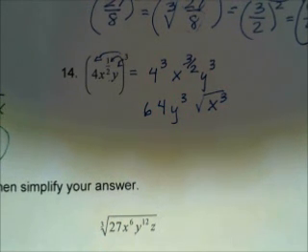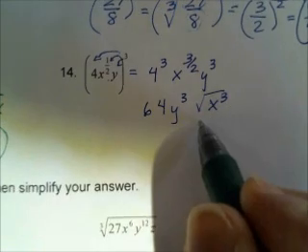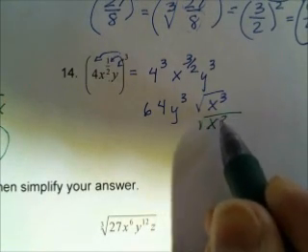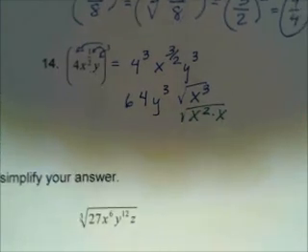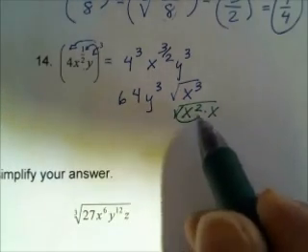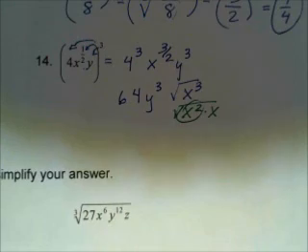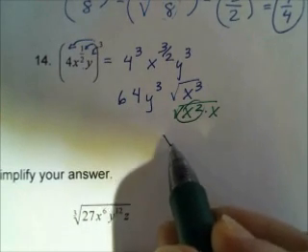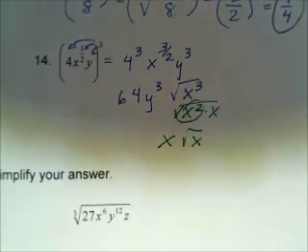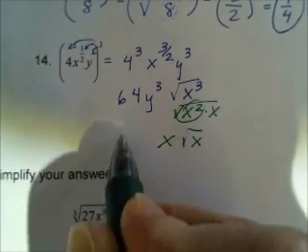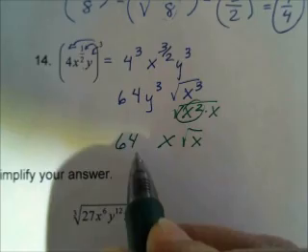And what part of x to the third is a perfect square? x to the second. So we would write x to the third as x to the second times x. Out comes its square root, which is x, and then the square root of x remains. And bring down the 64 y to the third.